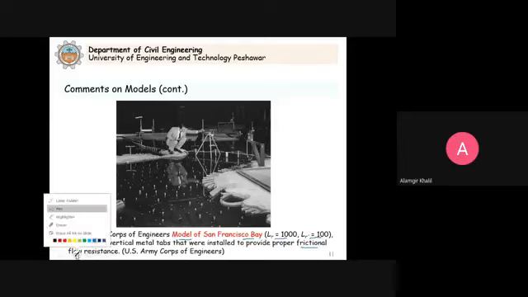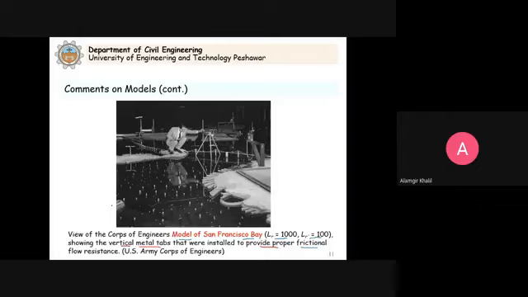For this case, what the hydraulic engineers did is that they installed vertical metal tabs in this model. You see the vertical tabs here in the flow, the white ones shown in this black and white picture, to provide proper frictional flow resistance that is similar to the prototype.